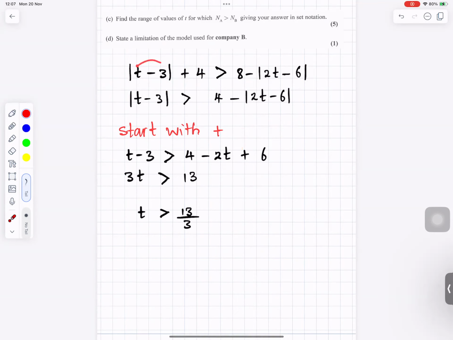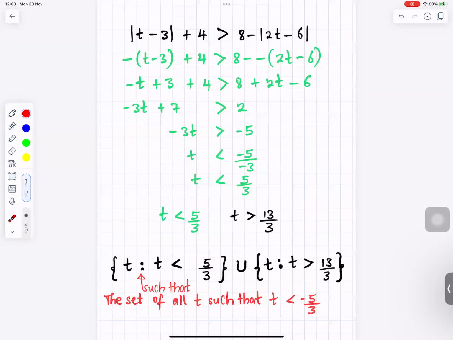So we will do positive t minus 3, and 2t minus 6, using the positive, because when you get rid of the absolute value signs, you make sure it's either positive or negative. When we solve this inequality, we get t is greater than 13 over 3.